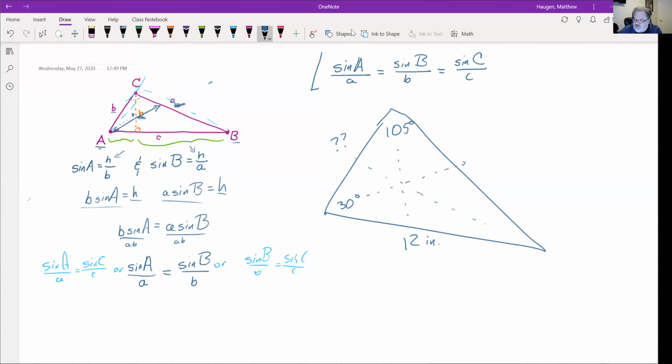So those opposite pairings, the ratio between the sine of the angle and the opposite side has to be constant. So if we want to find this side length, well, we need its angle opposite. Now, we don't know its angle opposite directly, but can we figure out this other angle? That's 105, this is 30.